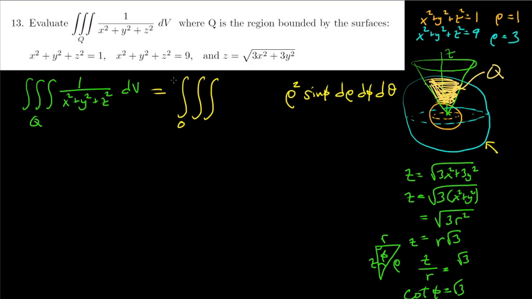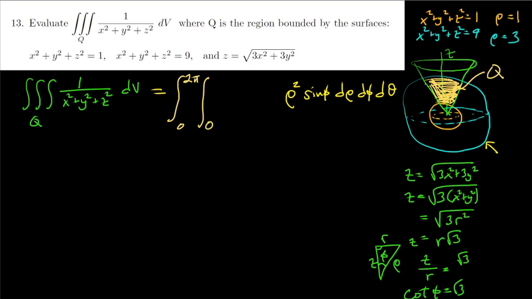Theta, of course, just goes from 0 to 2 pi. You know what, I messed up the integrals here. Let me have a little more space. Just clean that up. Okay, so this is the theta integral. We're going from 0 to 2 pi. This is the phi integral.